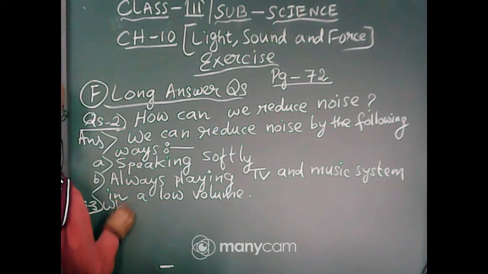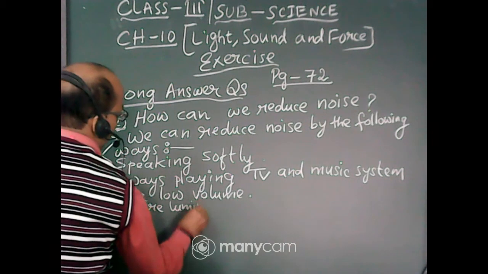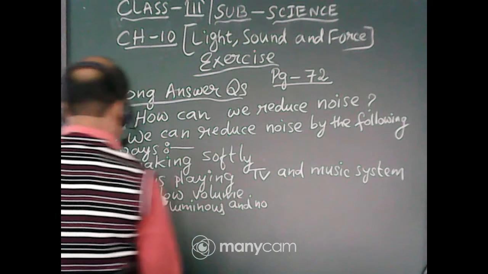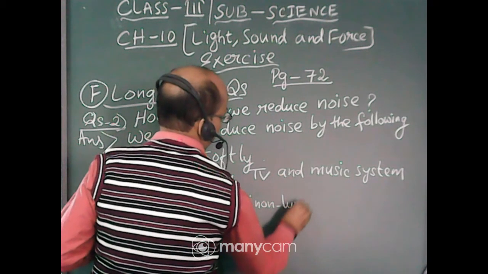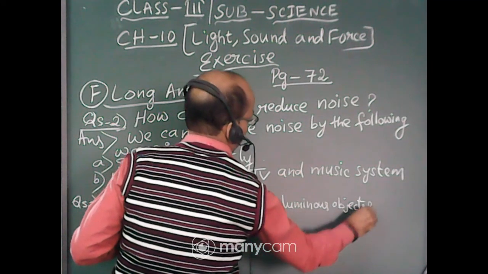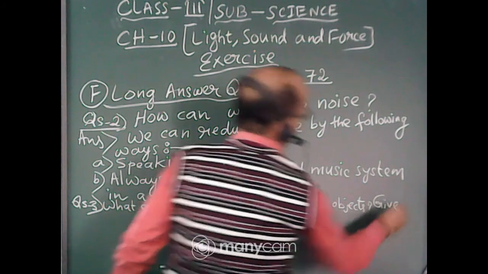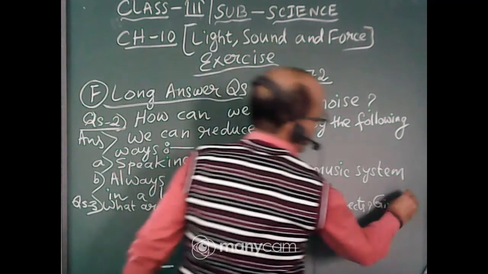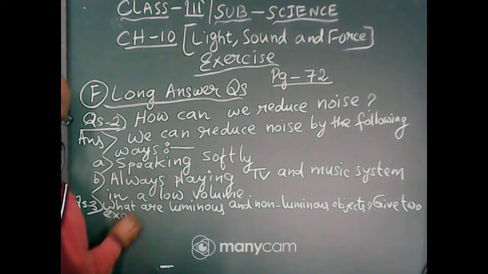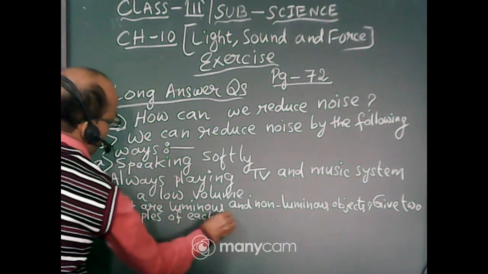What are luminous and non-luminous objects? Give two examples of each.